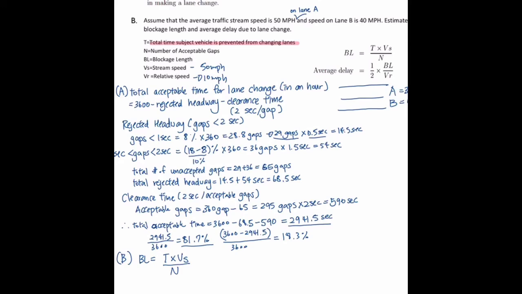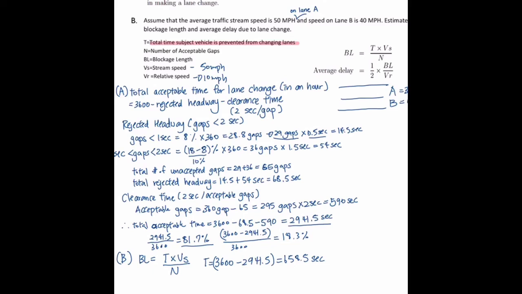So T will be 3,600 minus 2,941.5, which is 658.5 seconds.